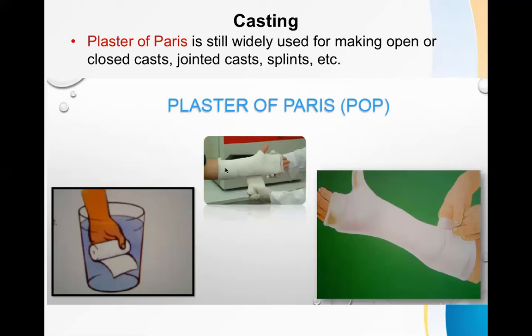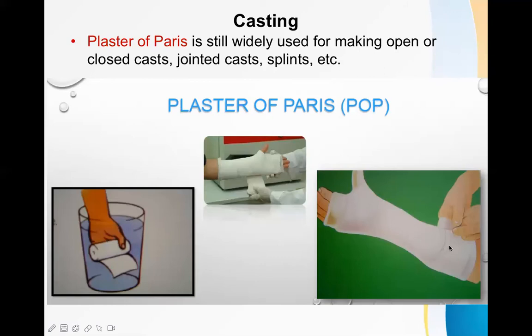After some time, this will get harder. It will get organized there, and then it is very difficult to bend or remove. Also, we need to cut it to remove, and this acts like a splinting effect from outside. So this is called a cast.